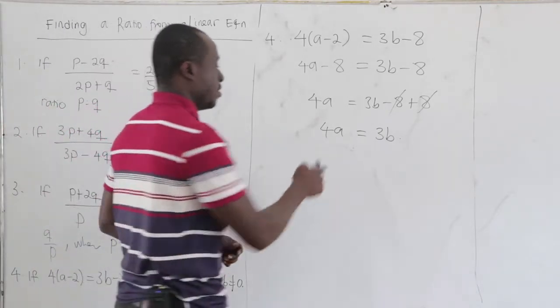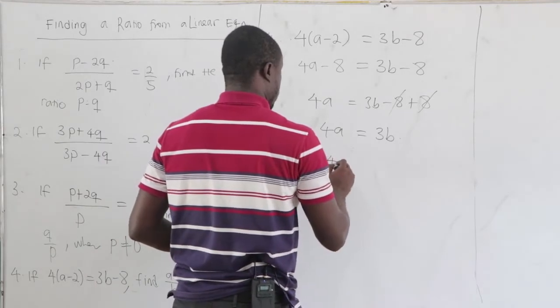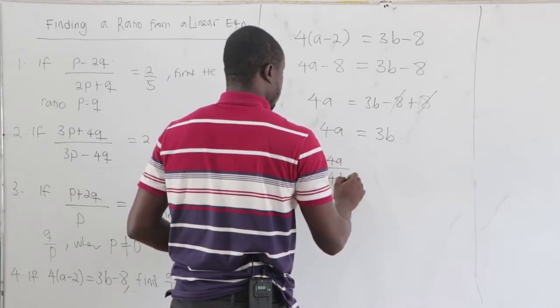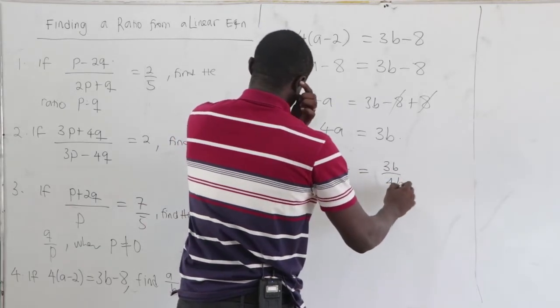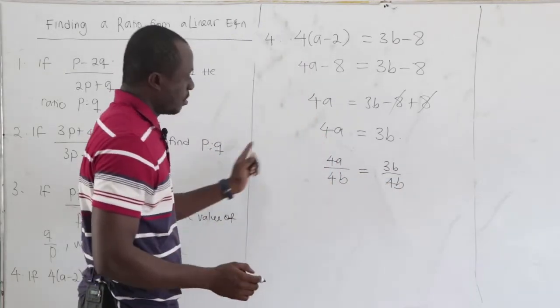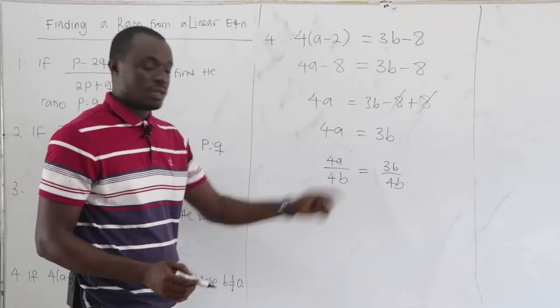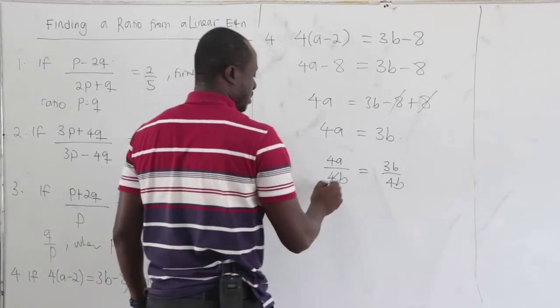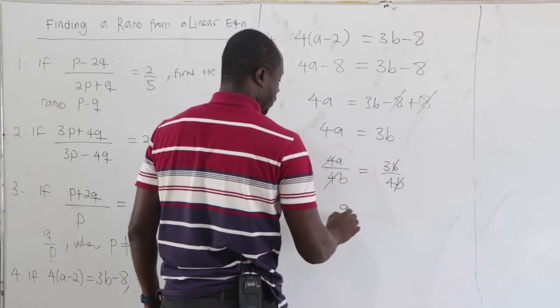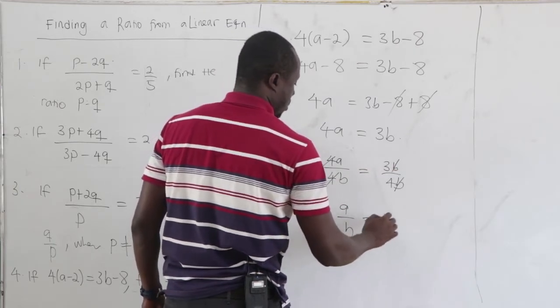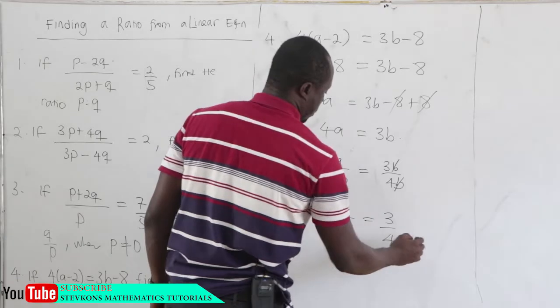So clearly we have 4a all over 4b equal to 3b all over 4b. Whatever we divide the left hand side by, we have to do the same thing to the right hand side. So this is cancelling out that, and this b is cancelling that b. So we have a over b equal to 3 over 4.